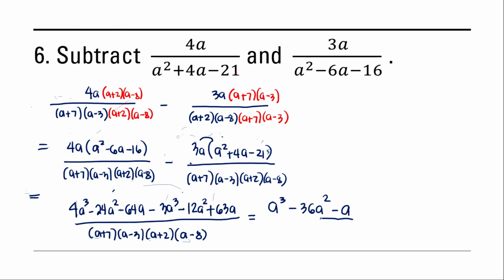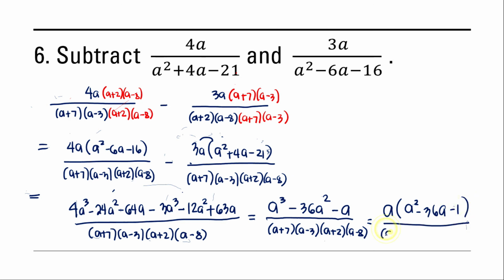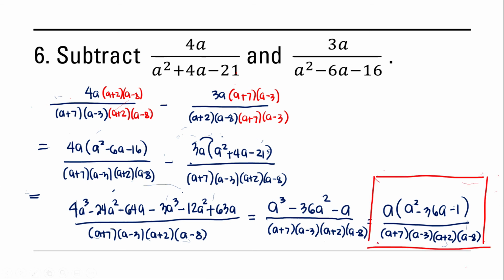All over our denominator, we can also write our final answer as a times a squared minus 36a minus 1 over a plus 7 times a minus 3 times a plus 2 times a minus 8. And that's it. Thank you.